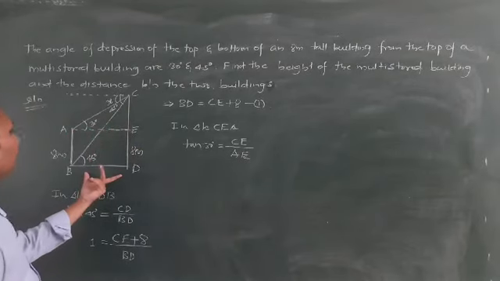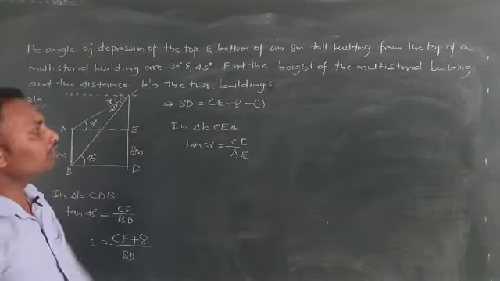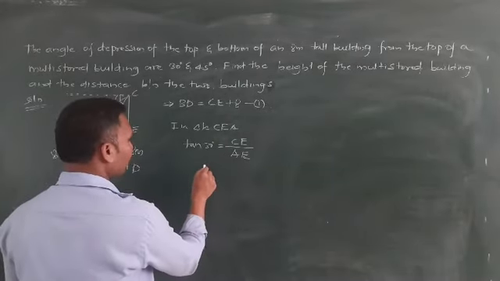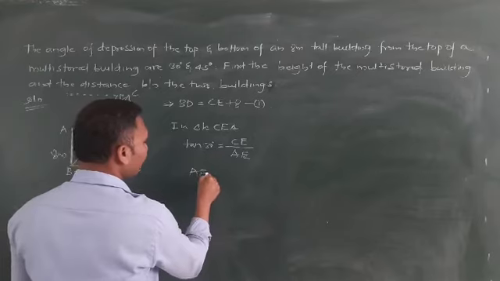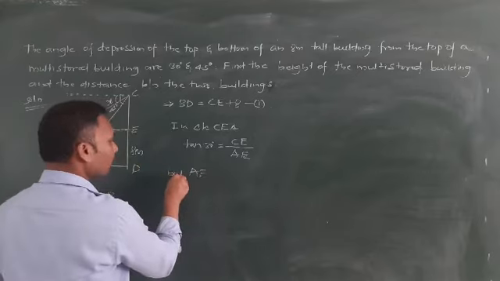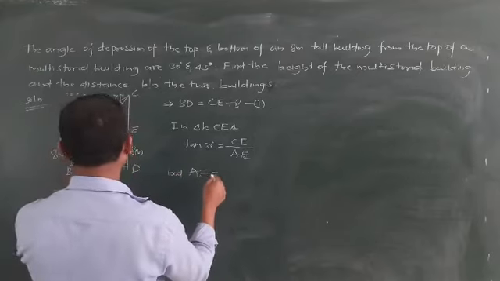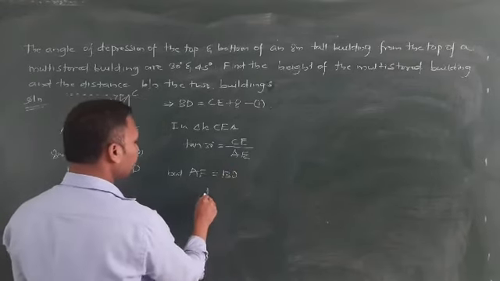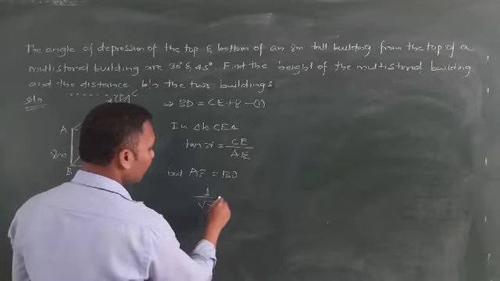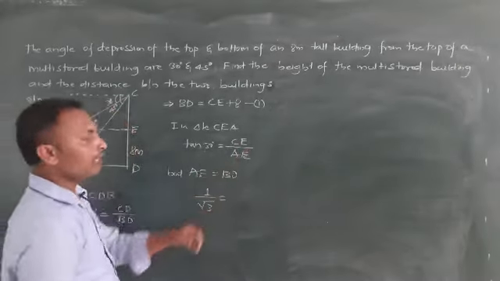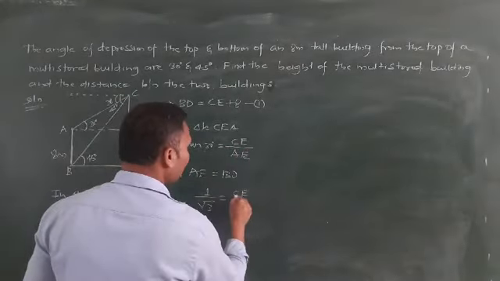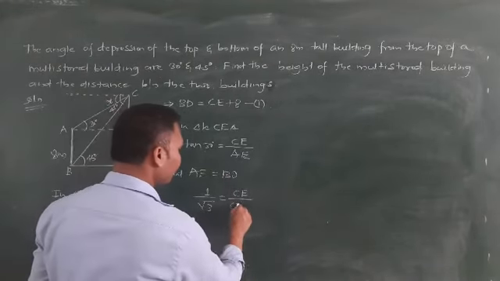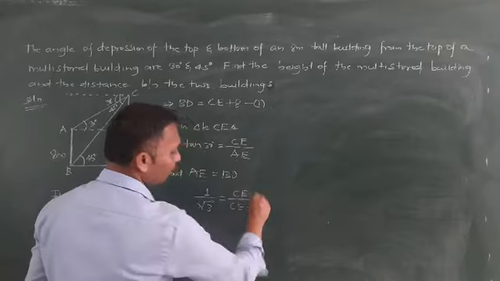But AE is equal to BD, and BD is CE plus 8. Now tan of 30 is nothing but 1 by root 3. Now CE divided by AE, which is equal to BD, and the value of BD is CE plus 8.